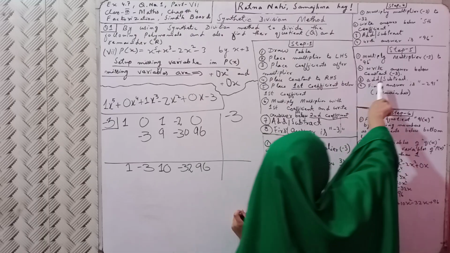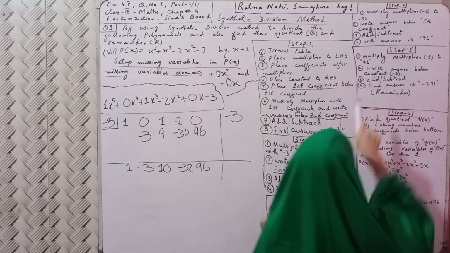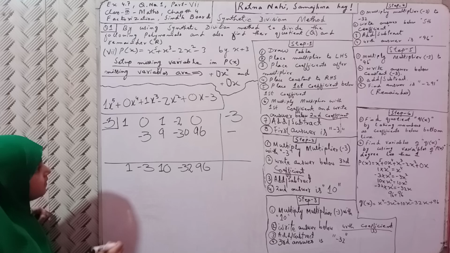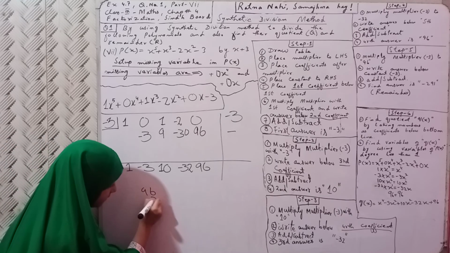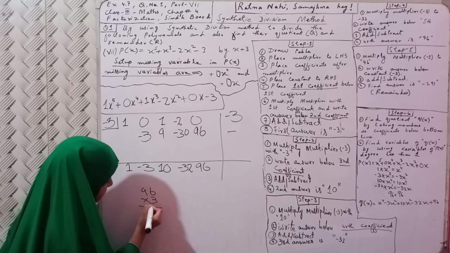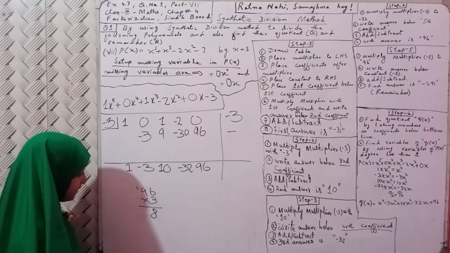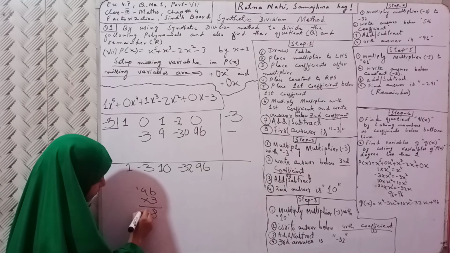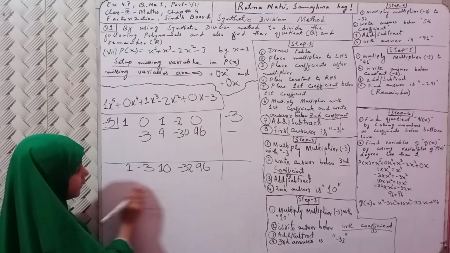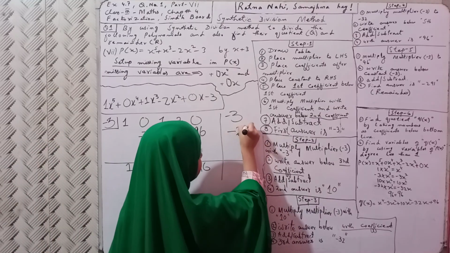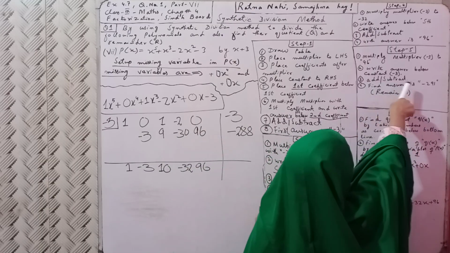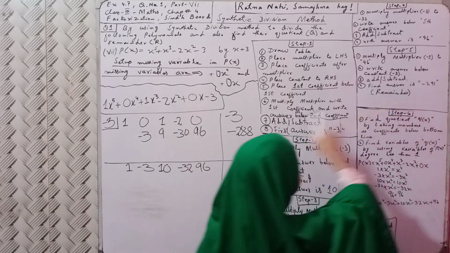So step number 5. Multiply minus 3 with 96. Minus times plus is minus, and 96 times 3 is 288. So here will come minus 288. Done this. Now write the answer below the constant minus 3. Done this.